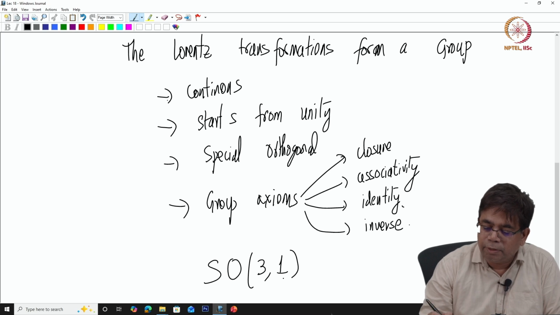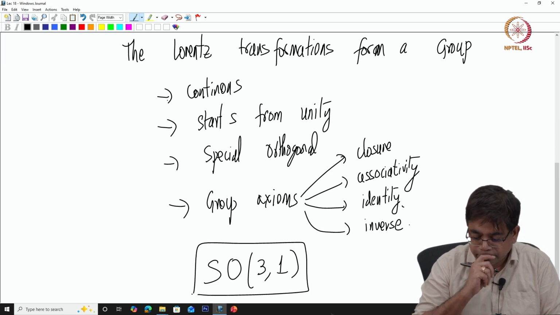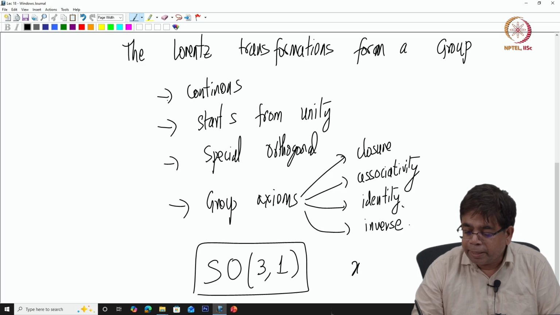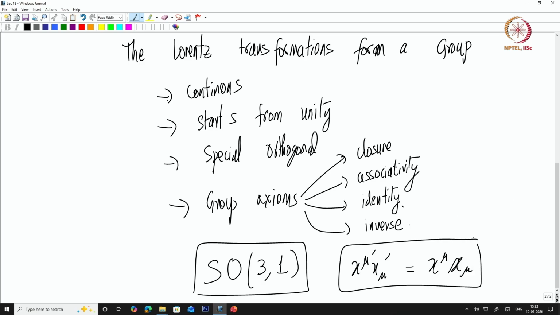It is a special orthogonal group in 4 dimensions, but it leaves the metric x mu x mu invariant. Okay. So, this is what we mentioned essentially, but I went through it very fast assuming that these are prerequisites for this course. So, I assumed that you would know it, but I am just mentioning it. Go back, and if you do not remember, meaning do not understand these things, go back and study these particular aspects very well essentially.